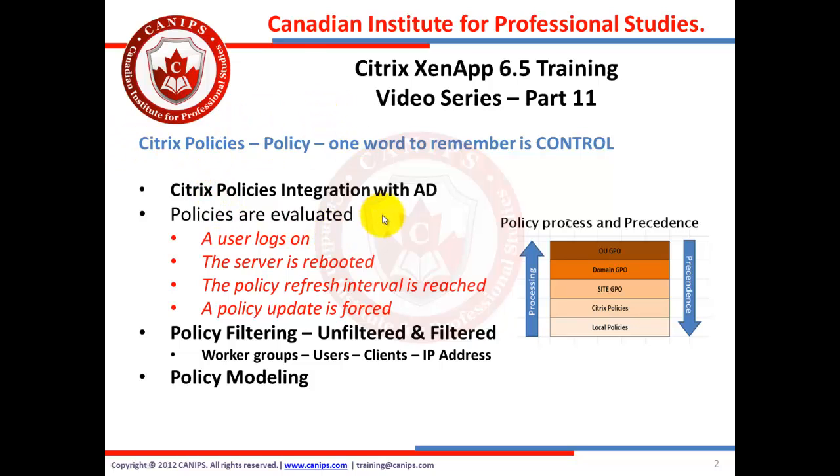Citrix policies are mostly used to control how users are connected to Citrix servers, how long their session should be, what their idle time should be when connecting to Citrix servers, or load balancing policies and all that. So we're going to see that in this video.